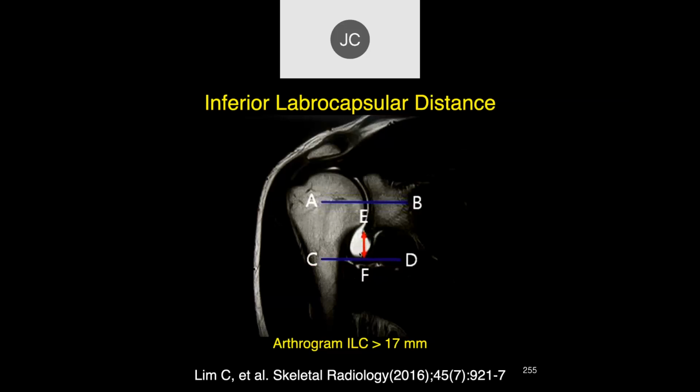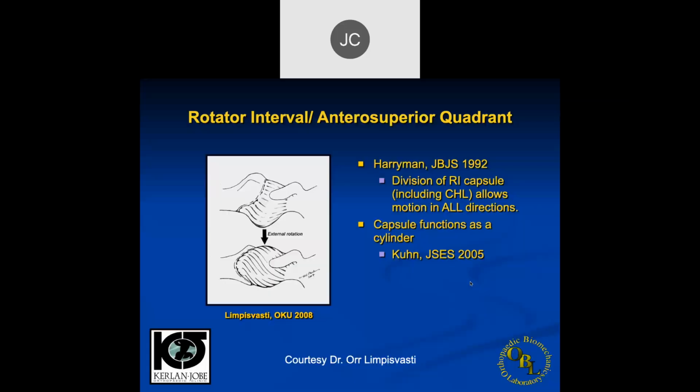You'll often see this in people who have repetitive anterior dislocations, because when you dislocate anteriorly, you stretch the inferior glenohumeral ligaments, and that leads to increased space inferiorly. You also commonly get this in people who have multidirectional instability. So that's the number, 17 millimeters, and it all depends on the size of the patient.